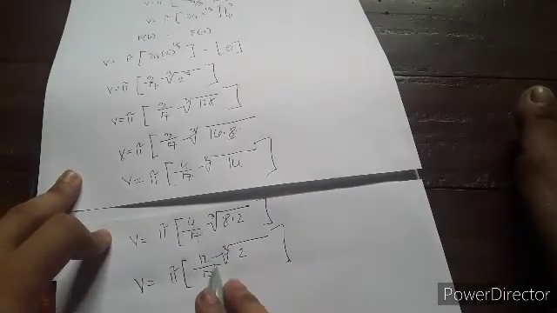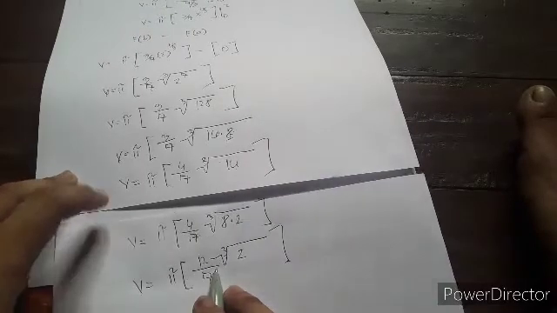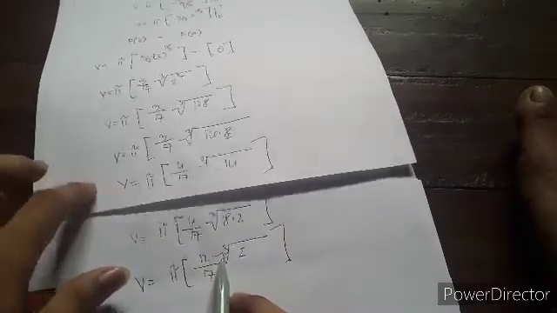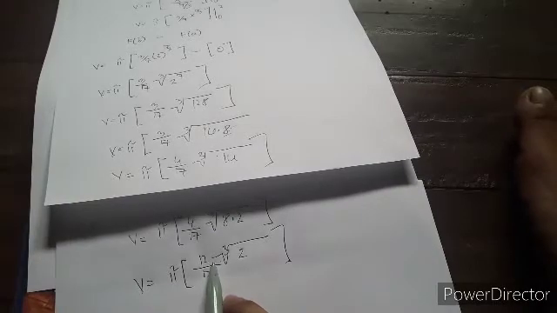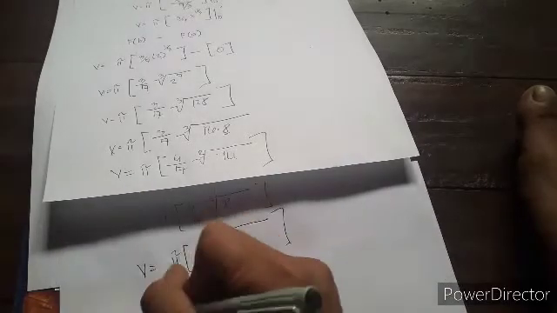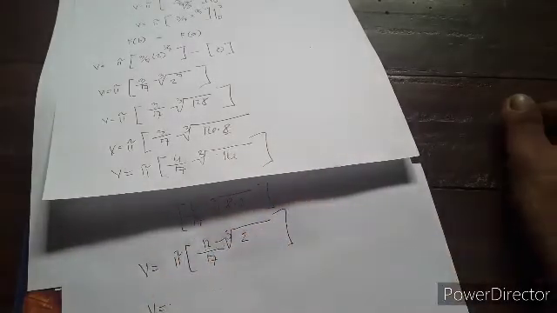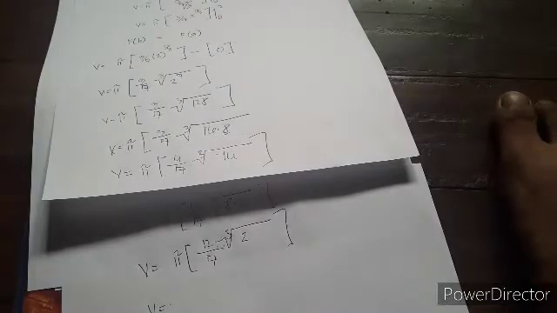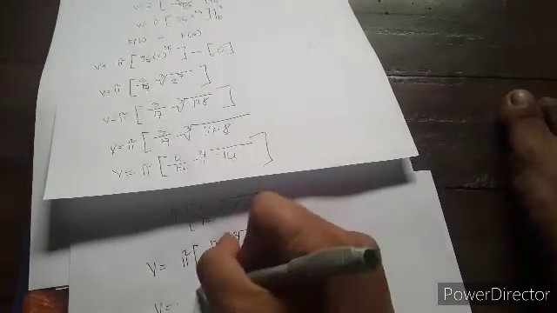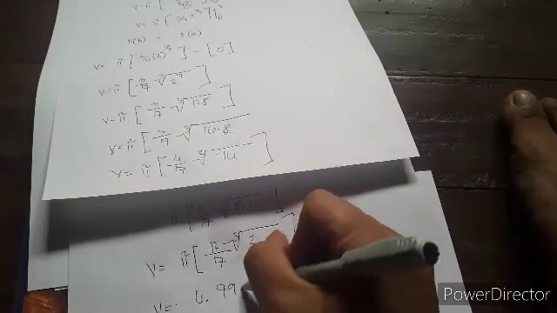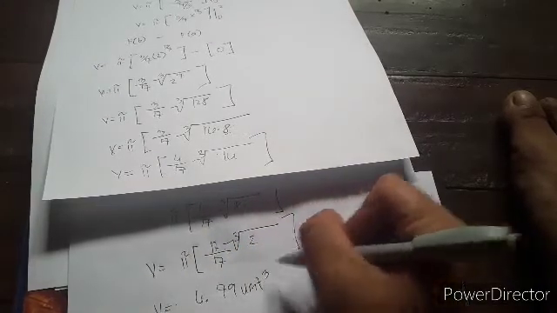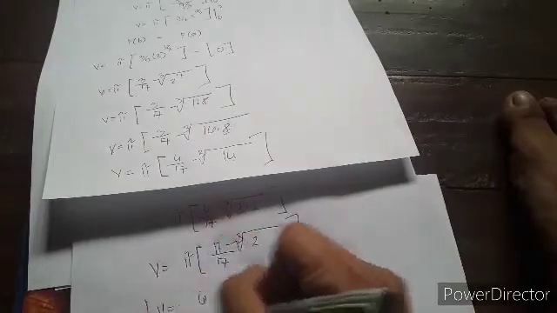So for now, we can no longer simplify, except to convert this one into a decimal. So if we convert this one by multiplying this pi to this function, you will get V equals 6.79 units cubed.